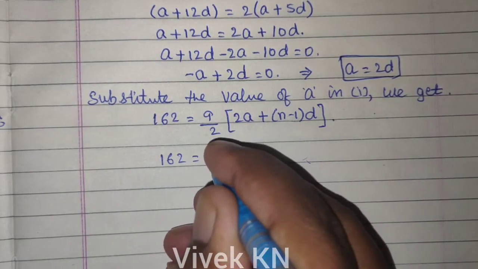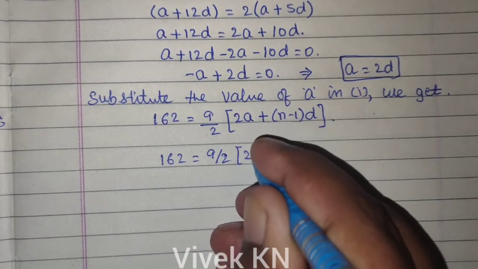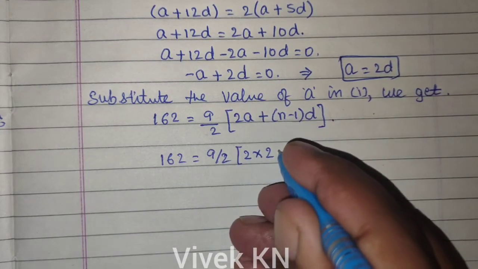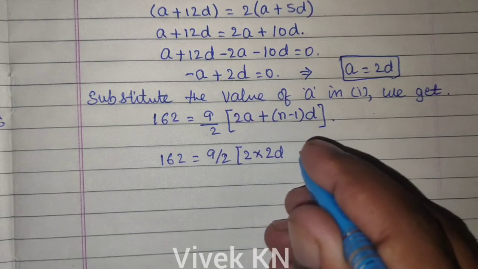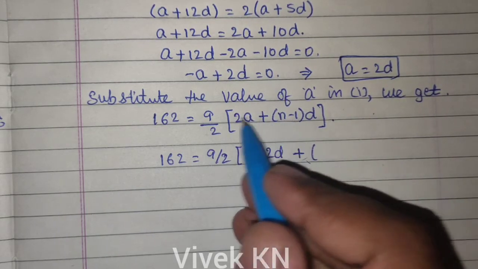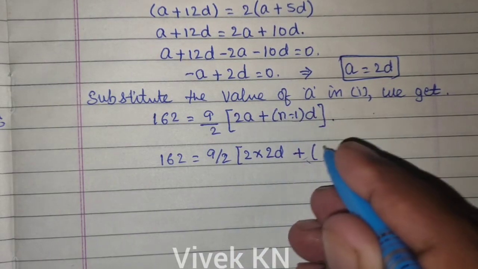162 is equal to 9 by 2 into 2 into value of a is 2d, 2 into d, plus the value of n is 9, 9 minus 1 is 8, 8 into d is 8d.